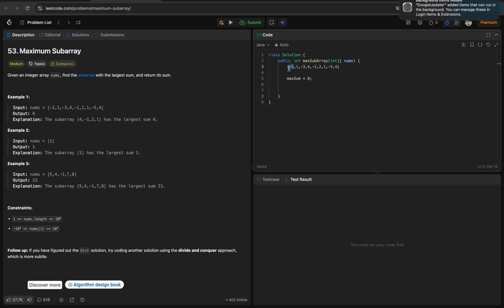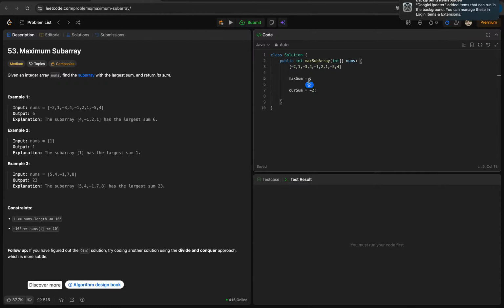Now when we are at the first index, we have -2. Initially the current sum will be 0. We'll add -2 to the current sum, so current sum will become -2.